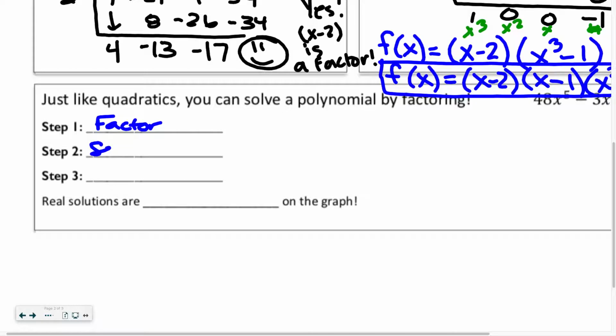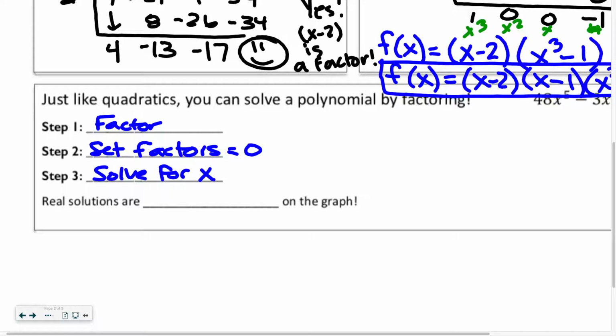Step 2. After it's factored, set your factors equal to 0. So all the factors that have x in them need to be set equal to 0. And step 3, at that point, you should be able to solve for x. If you can't solve for x, then you probably haven't factored completely.